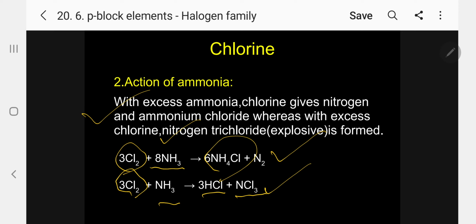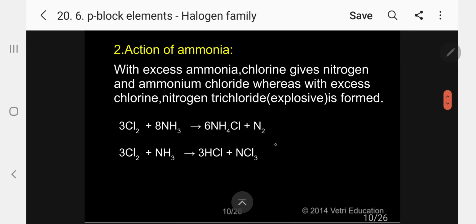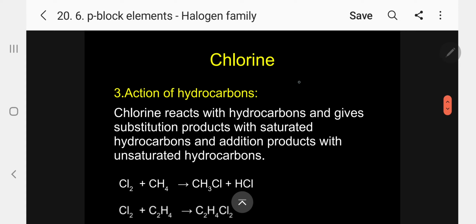Very, very interesting. Kindly follow what happens when chlorine in excess reacts with a minimum quantity of ammonia: the explosive nitrogen trichloride is formed.